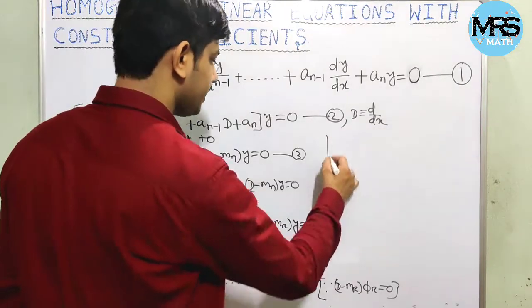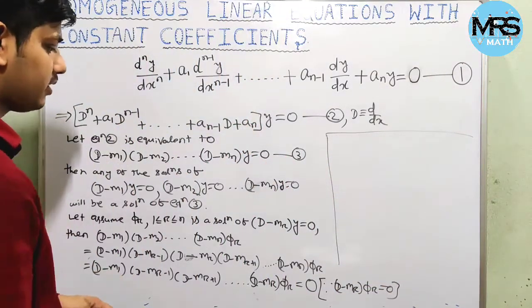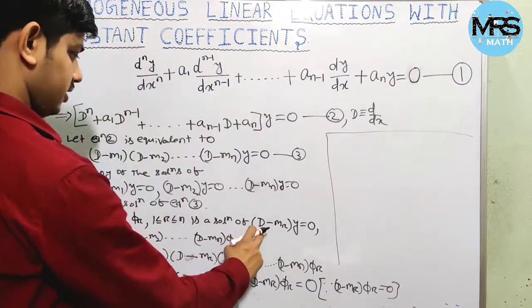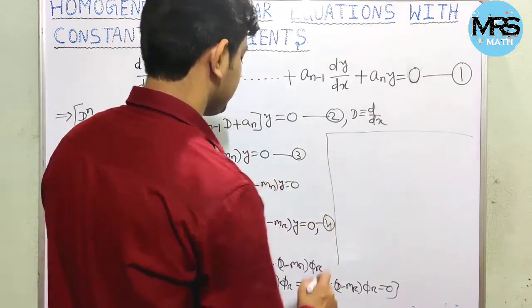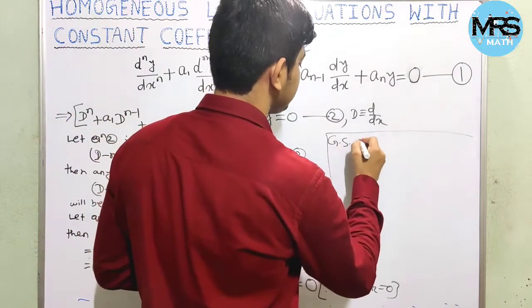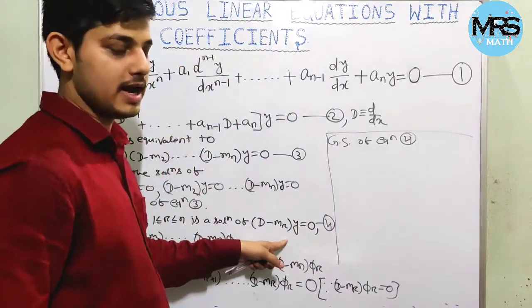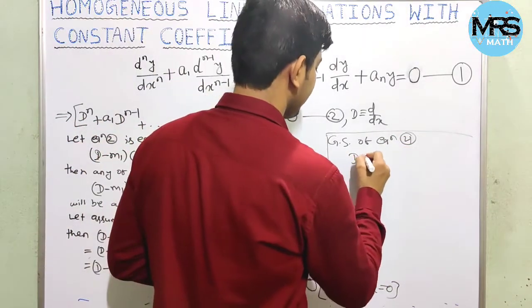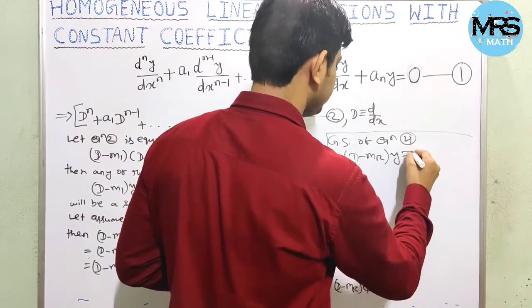So from here we can write the general solution for the equation (D - mr)y = 0. Let us say this is equation number 4.